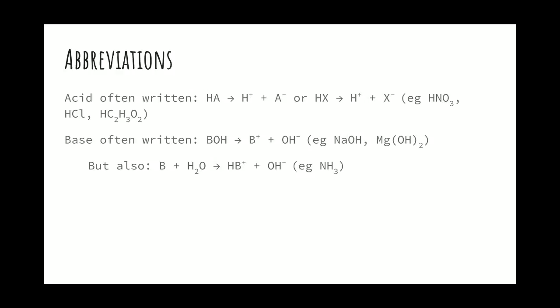Remember, the halogens are abbreviated as X. So those are different ways to write about different acids. And bases are often written BOH, which would break apart into B plus and OH minus. But just to take into account the Bronsted-Lowry definition, I might write just B, which can react to accept a proton to make HB plus and OH minus. Those are different ways to abbreviate acids and bases.